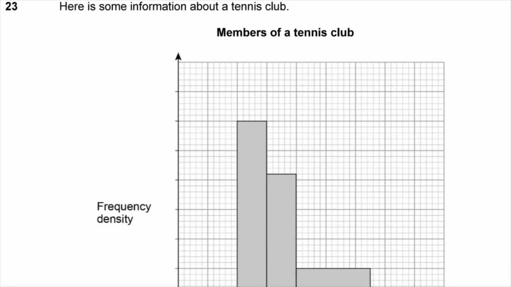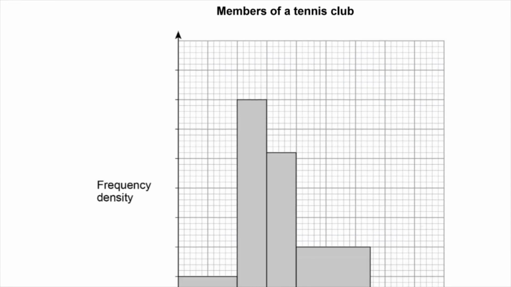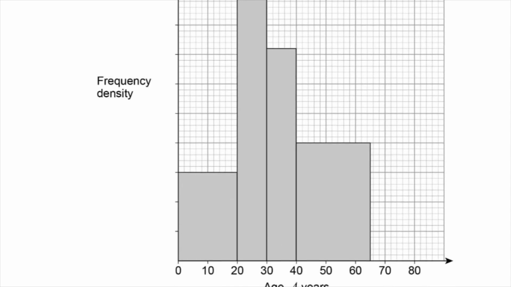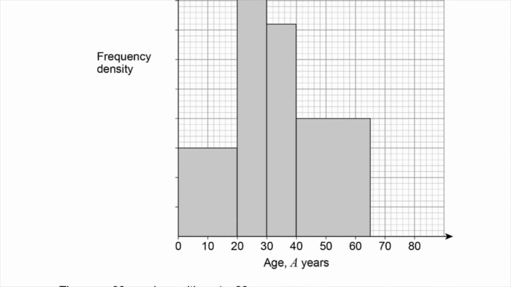Question 23. Here is some information about a tennis club. Now, the graph is entitled Members of a Tennis Club, and along the bottom we've got ages, and at the side we have frequency density. So this tells me it is not a bar chart, it is a histogram. In a histogram, it's the area of the bars that is proportional to the frequency and not the height.